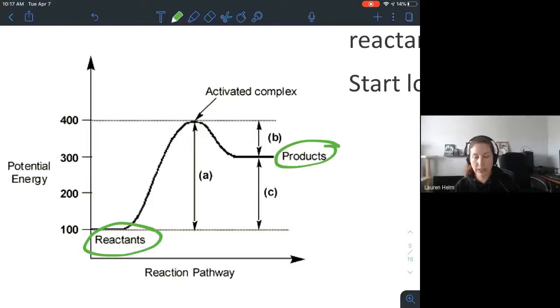Our reactants start low, and then it takes a lot of energy added in to start the reaction. Our EA, our activation energy, is very high. And then our enthalpy is positive. More energy went in than energy released. Our products are sitting at a higher energy level than our reactants.